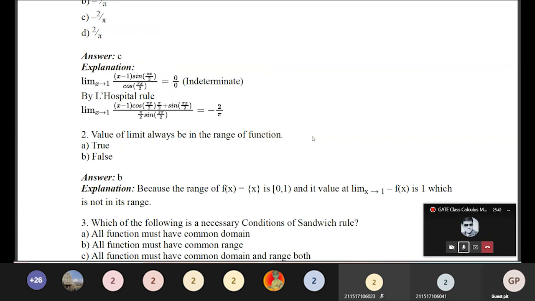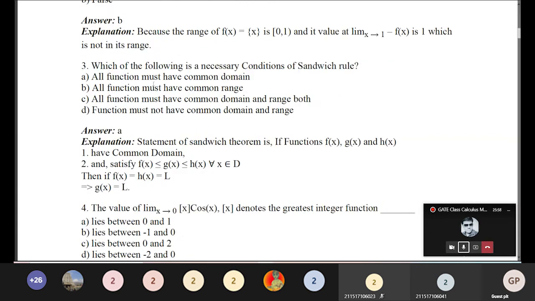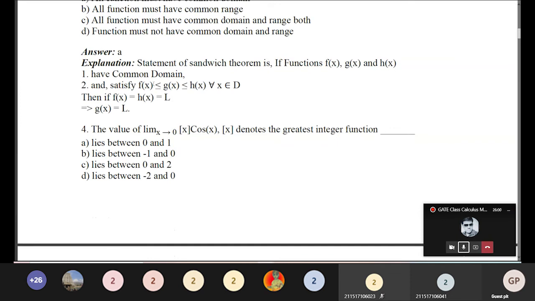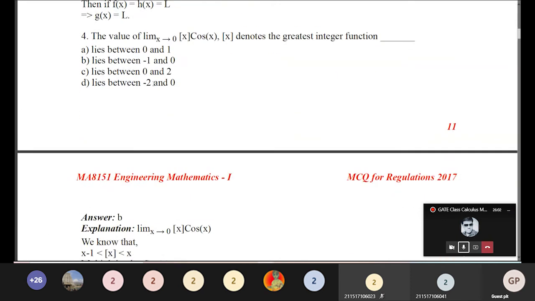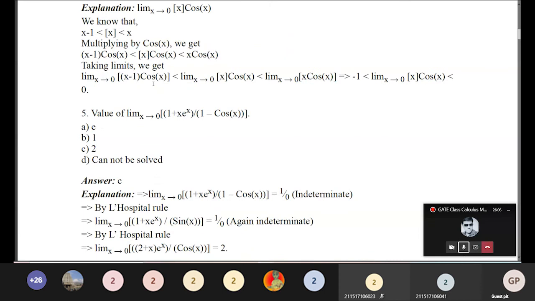Definitely, it is a false result. There is some explanation, but if you are given a true or false question like this, you go for false. Now we discuss some important problems from the GATE exam point of view.